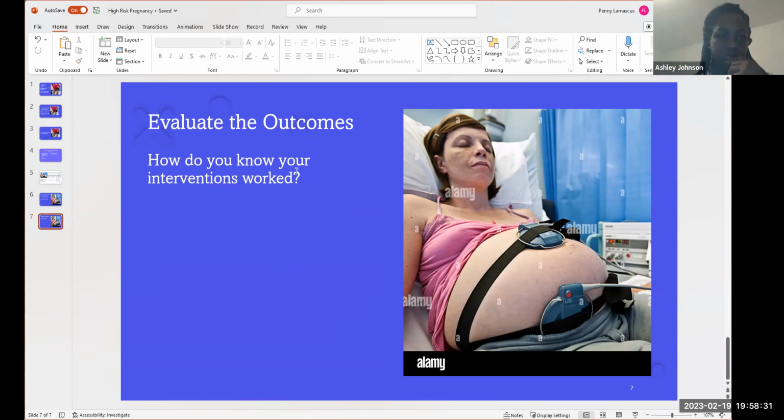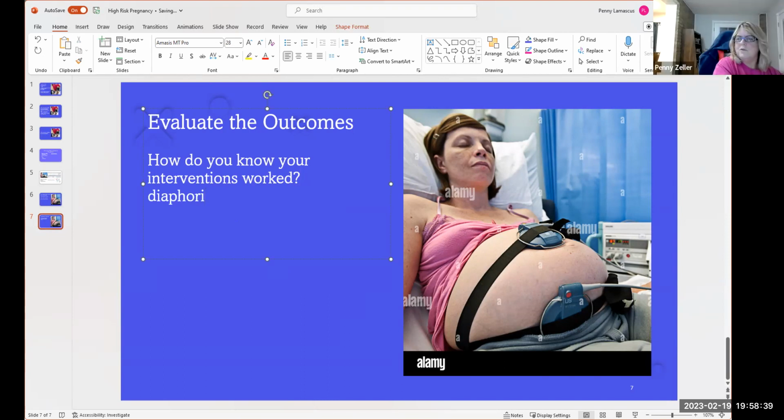You know how to spell that? Diaphoresis and diuresis. Diaphoresis means sweating or perspiring. And then diuresis means lots of urination.